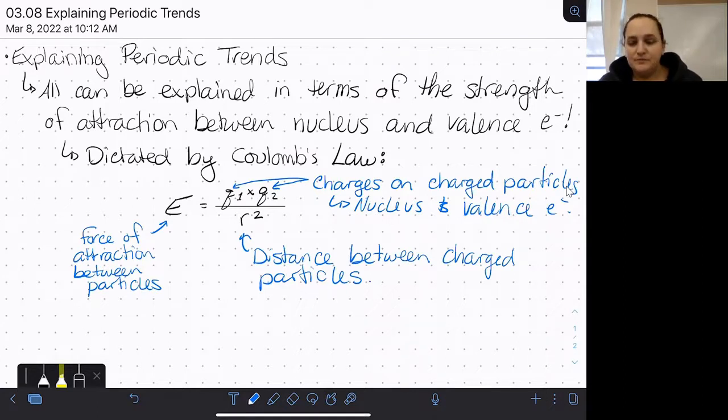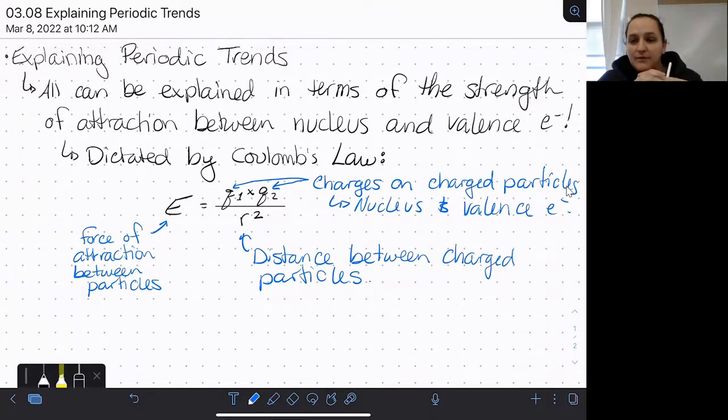Coulomb's law applies to any and all interactions between charged particles of any kind, so it can be applied to a lot of different scenarios to help explain things in chemistry. For us, we're looking at the nucleus as being a single particle, even though we know it's comprised of a bunch of subatomic particles, and then our valence electrons are the other thing that we are thinking about.